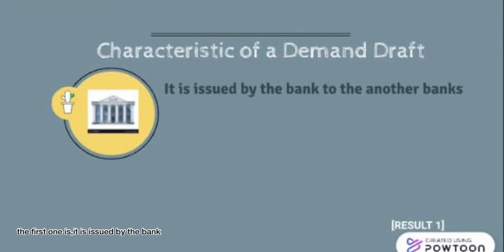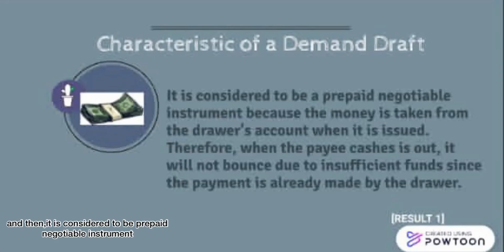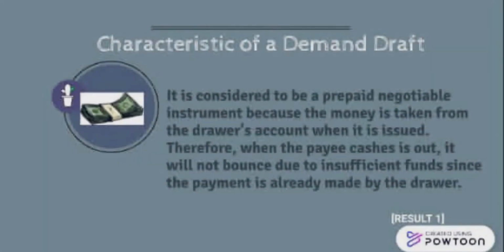The first one is that it is issued by the bank to another bank. And then, it is considered to be a prepaid negotiable instrument because the money is taken from the drawer's account when it is issued. Therefore, when the payee cashes it out, it will not bounce due to insufficient funds, since the payment is already made by the drawer.